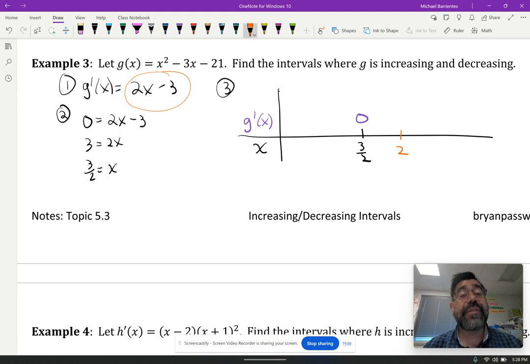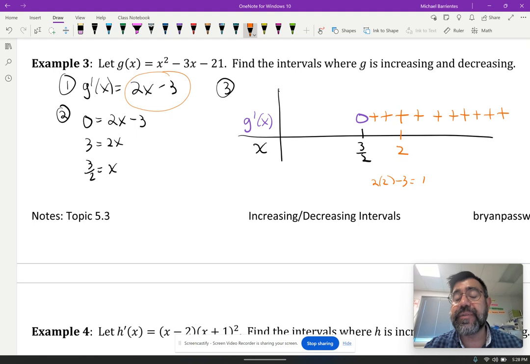If my derivative is positive, my function is increasing. So when I substitute this in there, I get 2 times 2 minus 3, that's positive 1. I'm going to put a plus sign here because that tells me that my derivative is positive. But I could have chosen any point to the right of 3 halves. So that means my derivative is positive in all of this section.